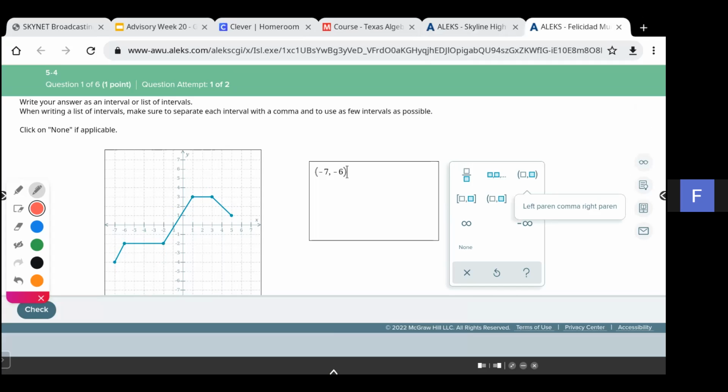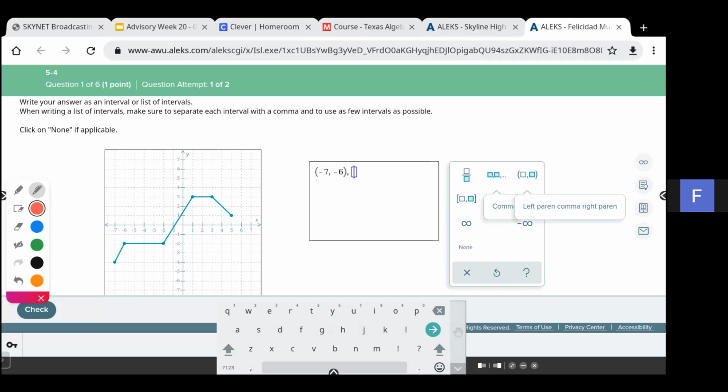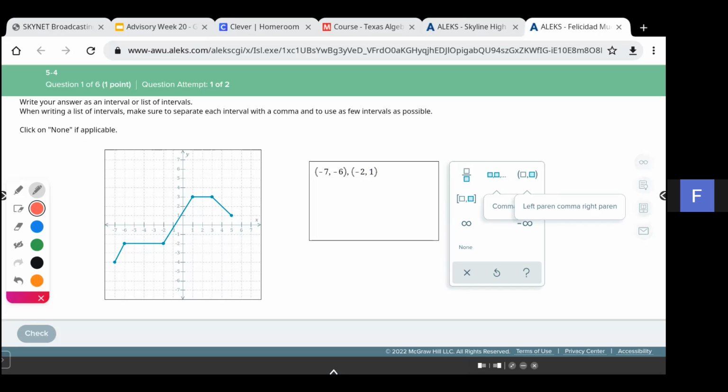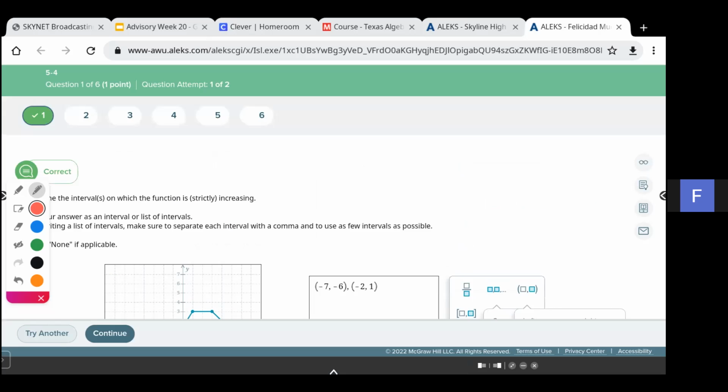Then I'm going to put a comma, and go with another one, from -2, comma, to 1. I'm going to hit check.